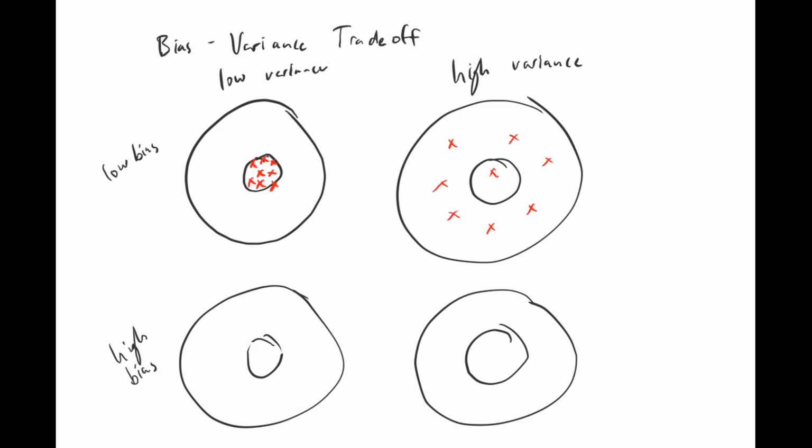If you have high bias and low variance, it means that your precision is high, but your accuracy could be low. So you might see a tight grouping like this, right? And then if you have high variance and high bias, then you have a big spread, and it's not very accurate.